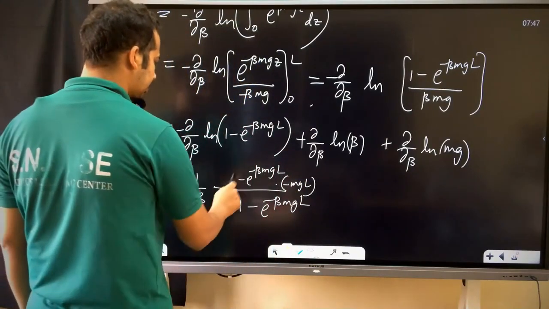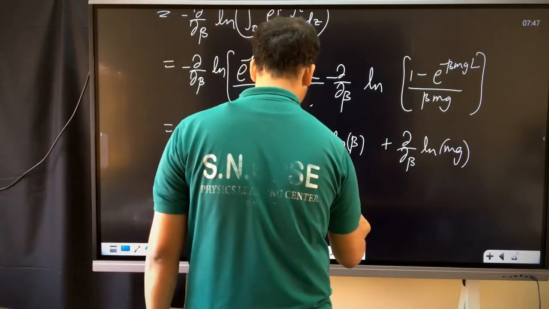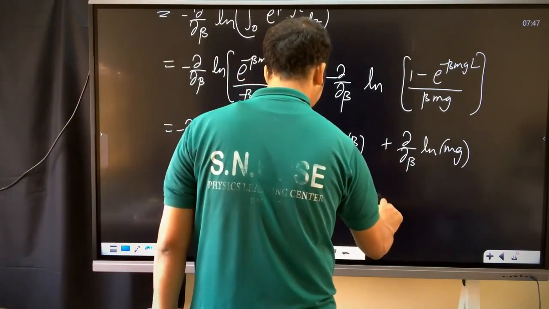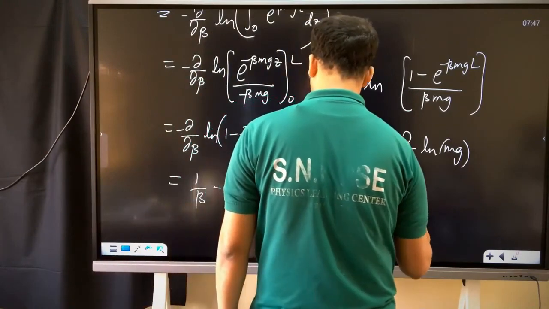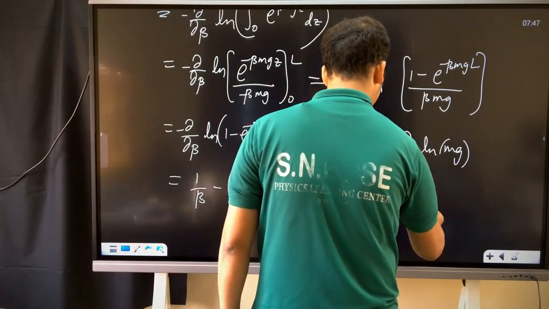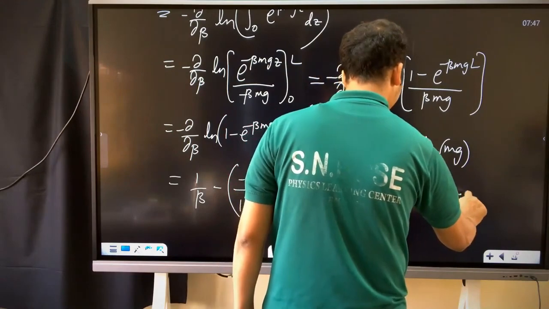So three negative signs came. Total is again negative: kBT plus, sorry, minus mgL e power minus beta mgL.